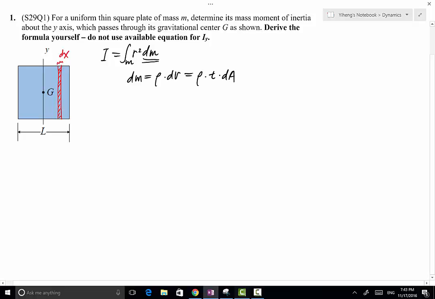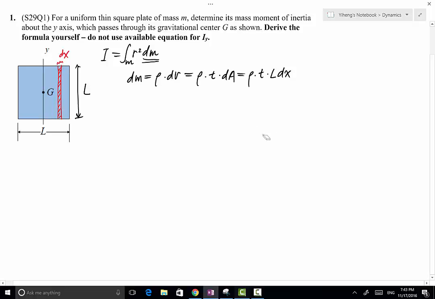And in this case, we know that this length is L, therefore this can be further written as rho times t times L dx. So again, these together is your dA, the differential area. t times dA is your dV, and rho times dV is your dm.